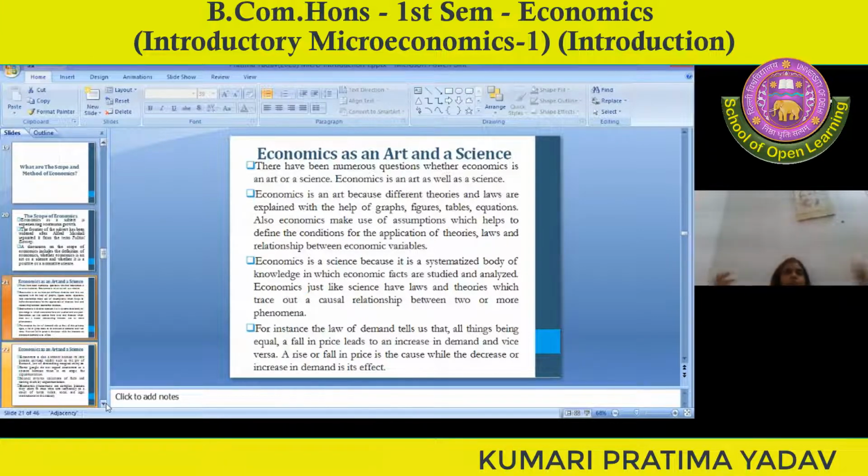Let's suppose I have a theory: if price is low, demand will be high. So what about unnatural conditions? Whenever there is an unnatural condition, your market theory or demand theory will not work, as with COVID-19, because now you behave not rationally.